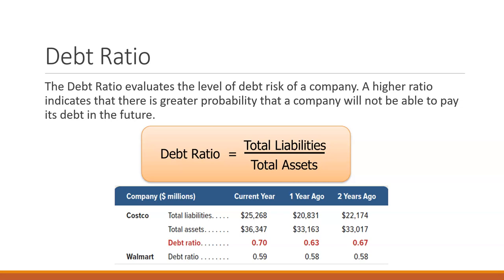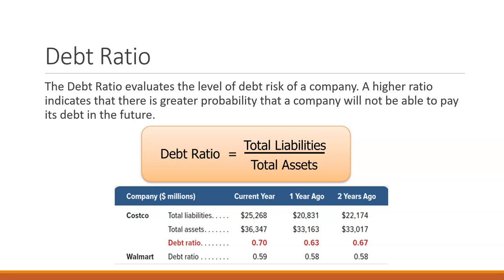A debt ratio that is 1 or higher is a very bad indicator of the financial shape that a company is in. This means that they are carrying a high amount of debt and they are not in a good financial situation. The debt ratio is calculated by taking total liabilities divided by total assets. We want our assets to be higher than our liabilities.